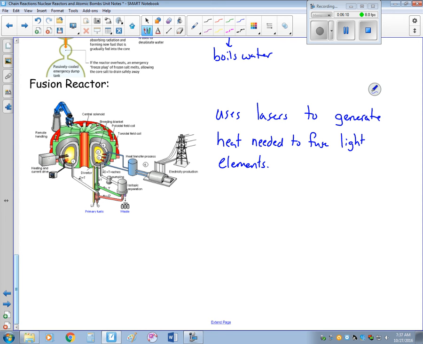The goal is that the fusion then releases more energy than was needed to create the fusion, so we can use that extra heat to generate electricity.